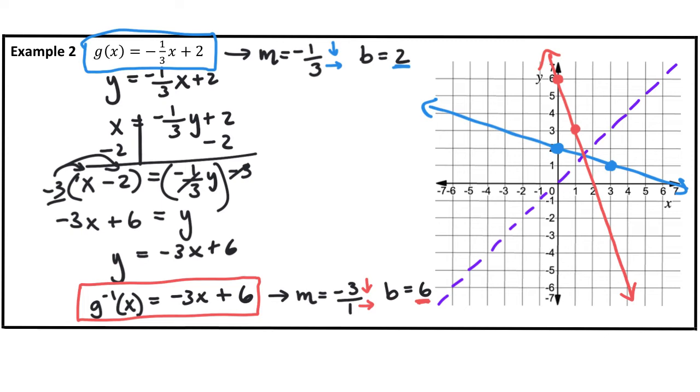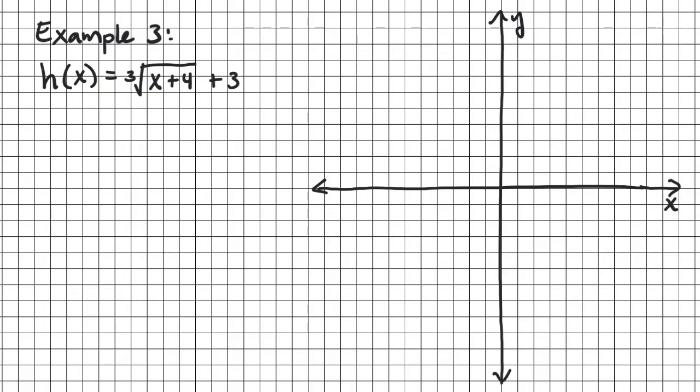Let's go over to example 3. Now for example 3, I'm graphing it on my graph paper like I've done before. So this is how it looks for me. First thing is we're going to solve for the inverse.